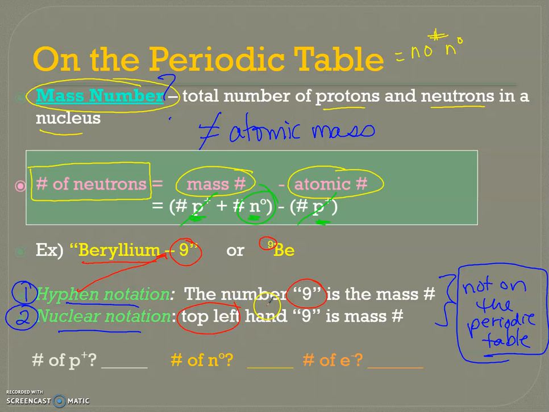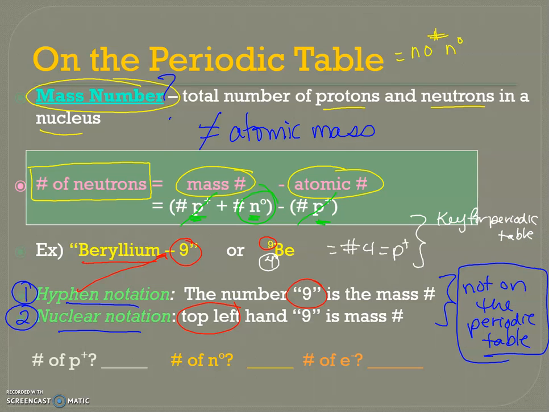You would look on your periodic table, you would find that beryllium is number 4, meaning it has 4 protons, and that is written in this bottom left-hand corner around a nucleus. It might not be the same on the key for your periodic table, so be very careful with that.